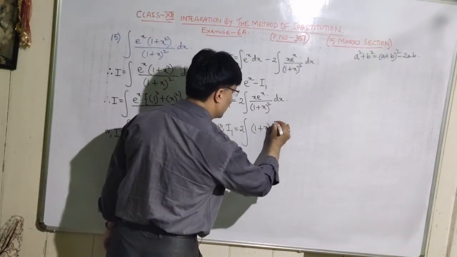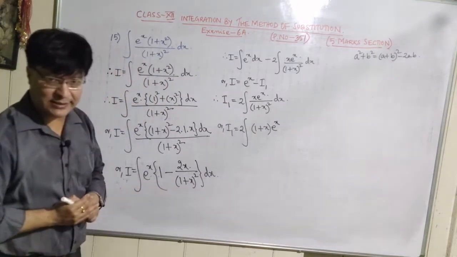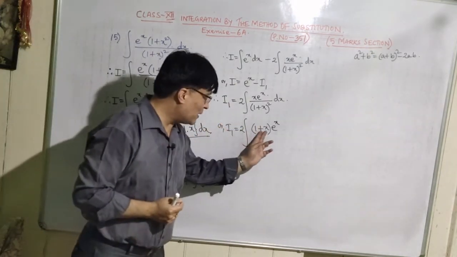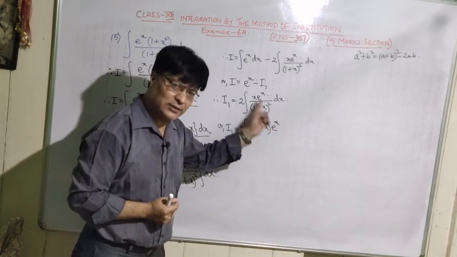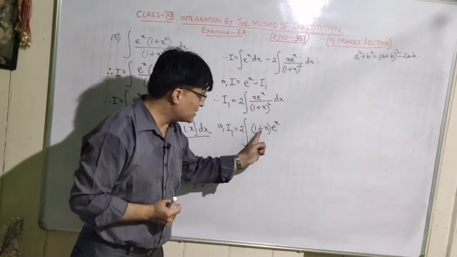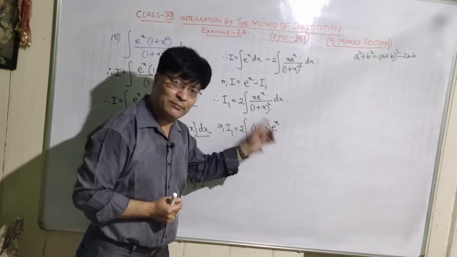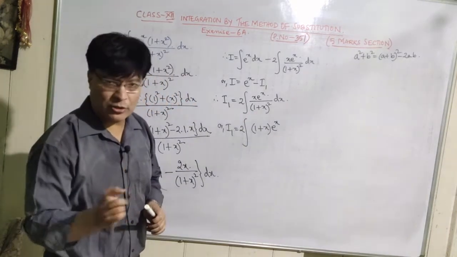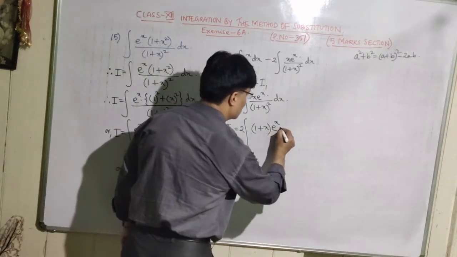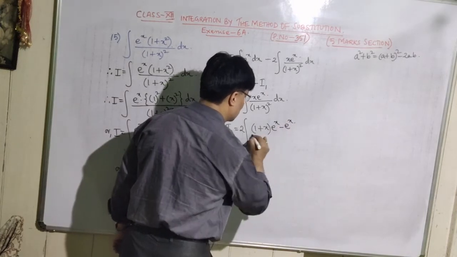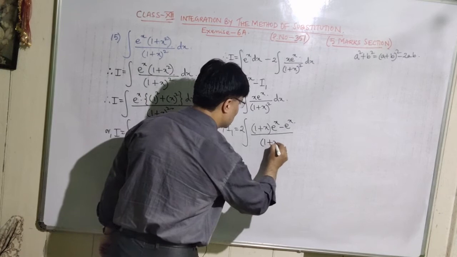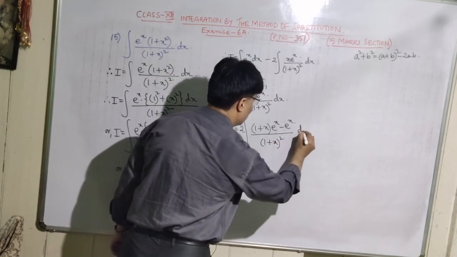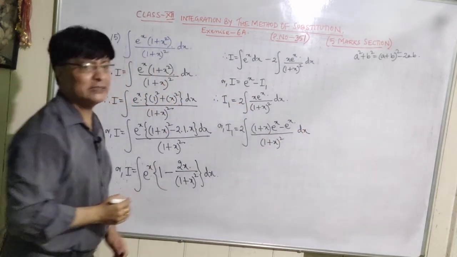You have to multiply it by e to the power x. But if you multiply these two factors, we are getting x e to the power x. This is correct. But we are getting again plus e to the power x. But is there e to the power x? No, you have to subtract it. So minus e to the power x. This whole divided by, this is (1 plus x) whole square. Then what do you write here? Dx.